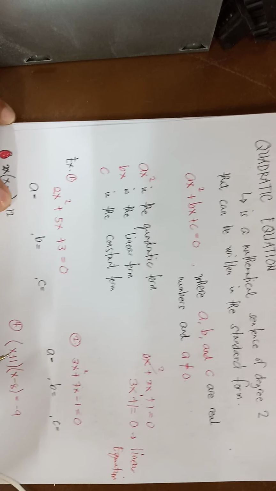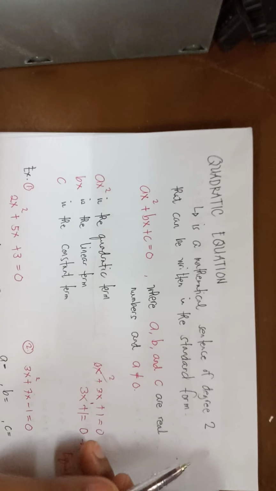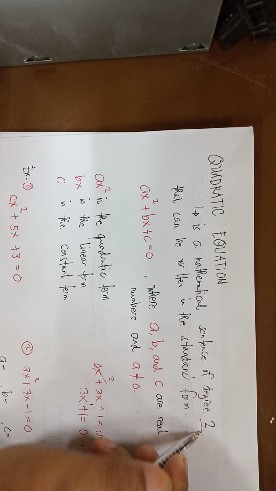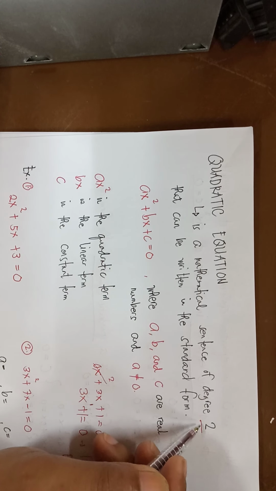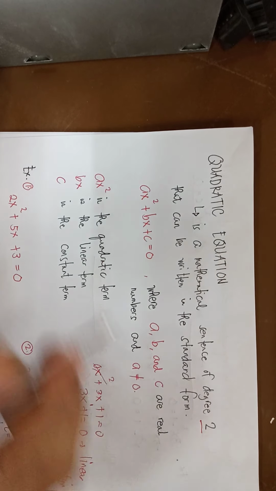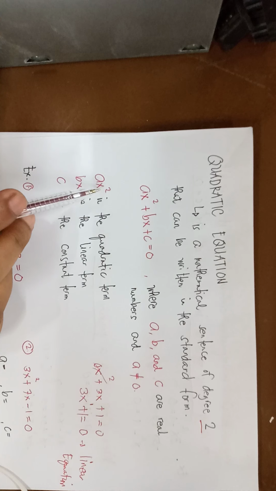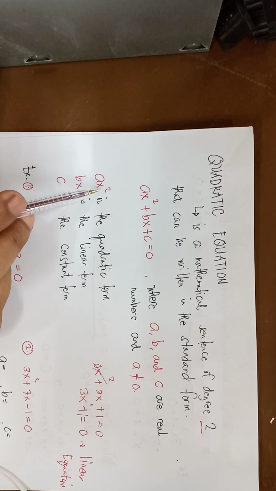Whereas in a quadratic equation, the highest exponent or the highest degree of the equation is 2. Again, the highest exponent of a quadratic equation is 2. That is why ax squared is a quadratic term, because its highest exponent is obviously 2.